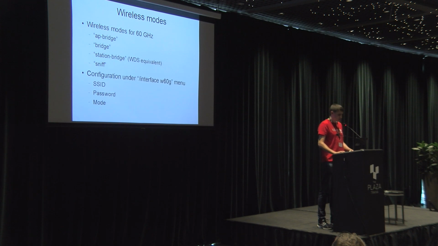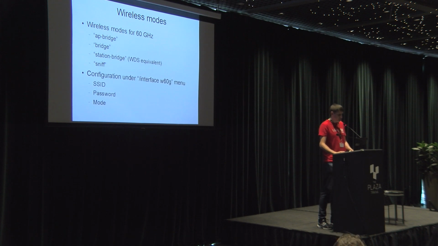The wireless modes for 60 GHz equipment are similar to those for 2.4 and 5 GHz. There is AP bridge for point-to-multipoint setups, bridge for point-to-point setups, station bridge for client device, and sniff for checking if you see the opposite side.